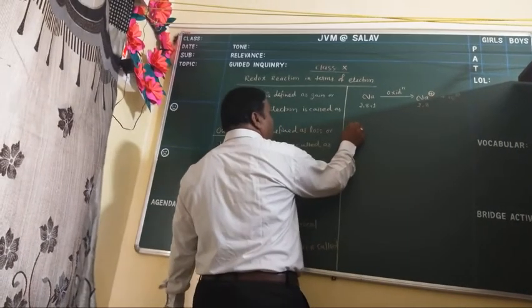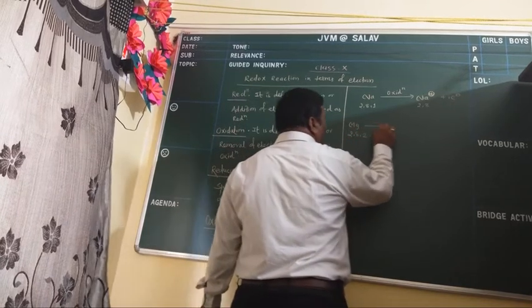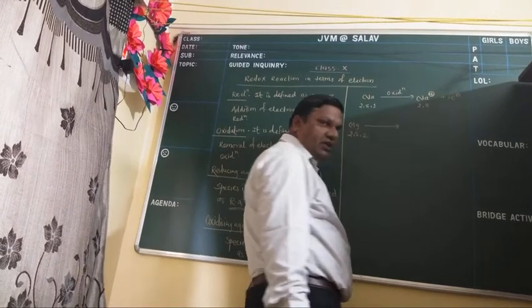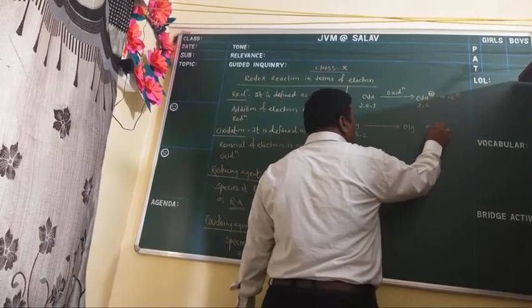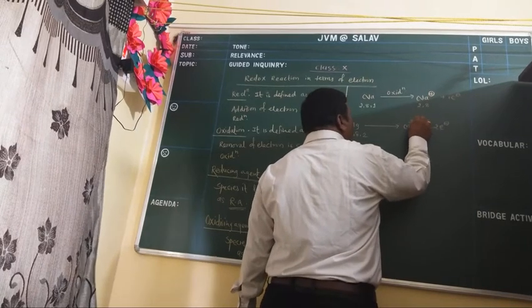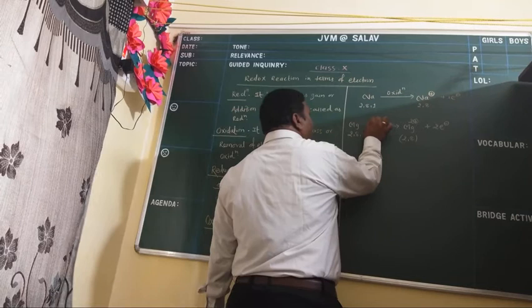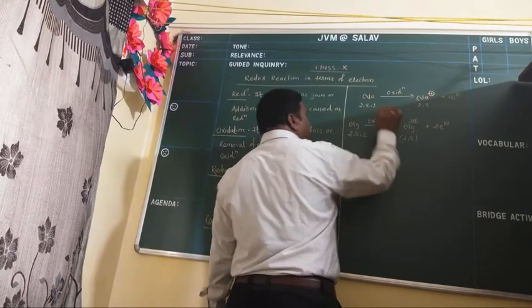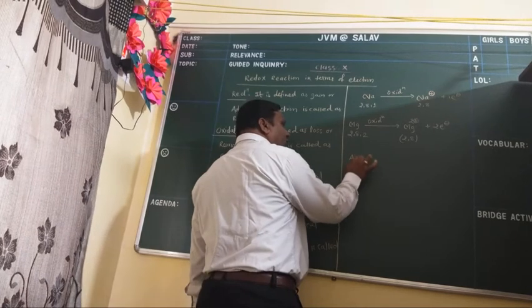Same thing for magnesium, 2, 8, 2. Here there are also 2 electrons in the outermost shell. So it will lose 2 electrons, and when it loses 2 electrons, it carries a 2 plus charge. So that is 2, 8. This is also oxidation. Correct? Now another one, aluminium.